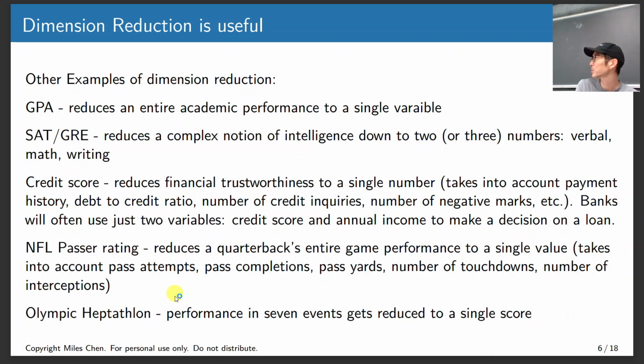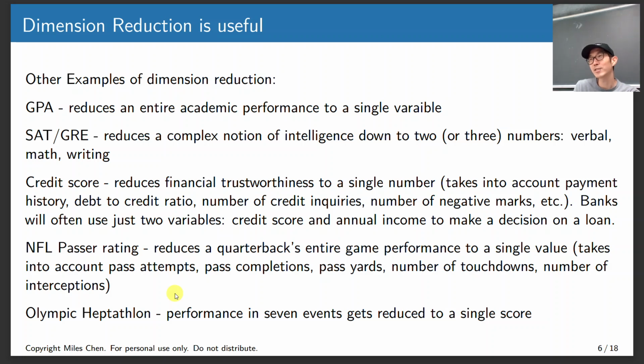If you think about sports, how do you rank one player against another? It's difficult because different players have different abilities. For football, the NFL, if you wanted to compare one quarterback with another quarterback, how do you do that? One quarterback might be more talented in a certain way, and others might be different.